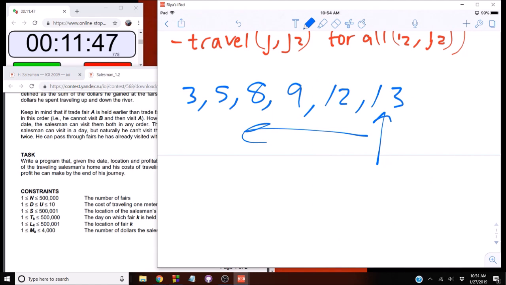So what we can do is, I guess we could split every day into two DP cases.